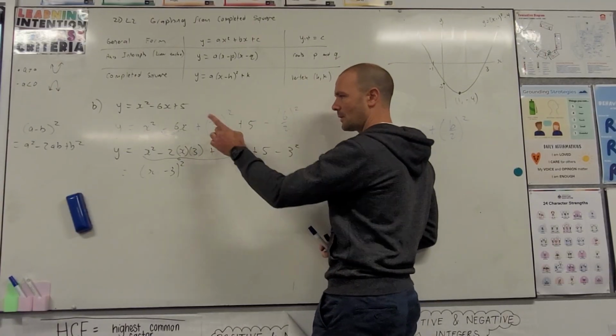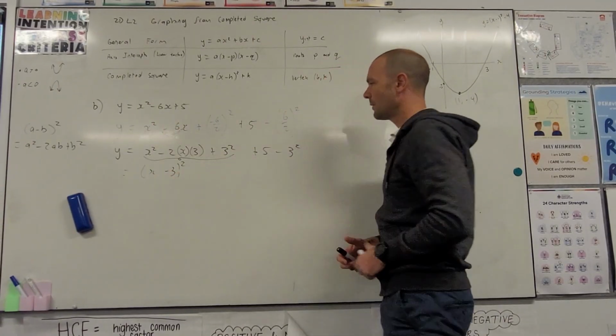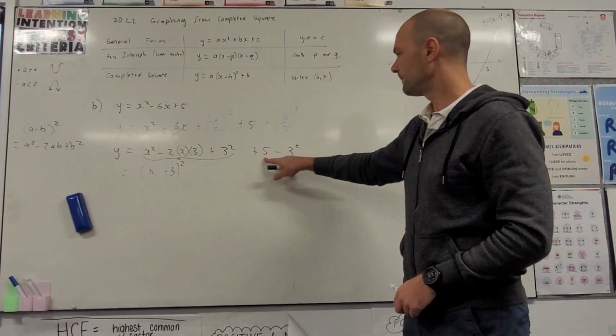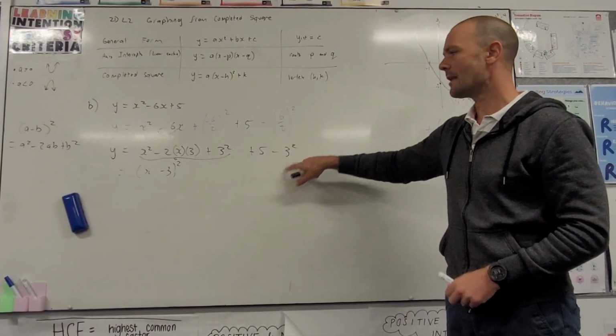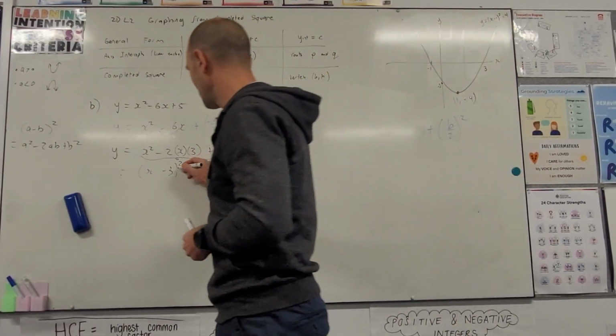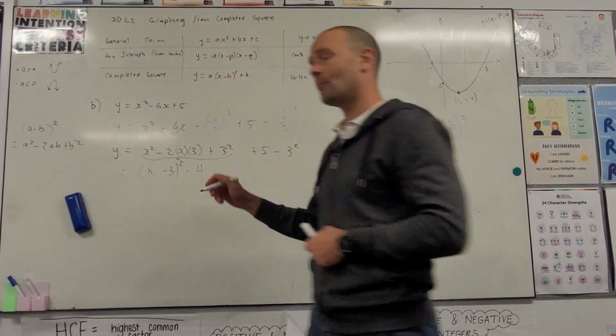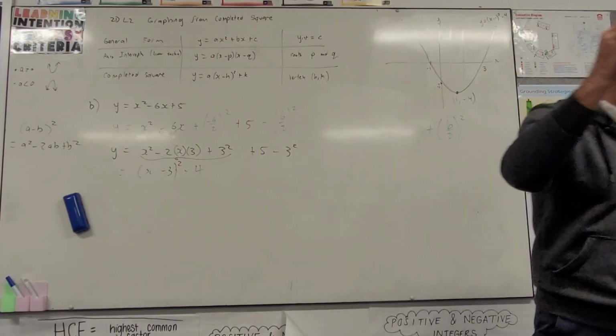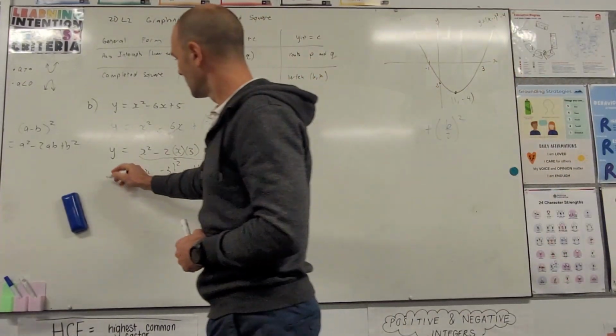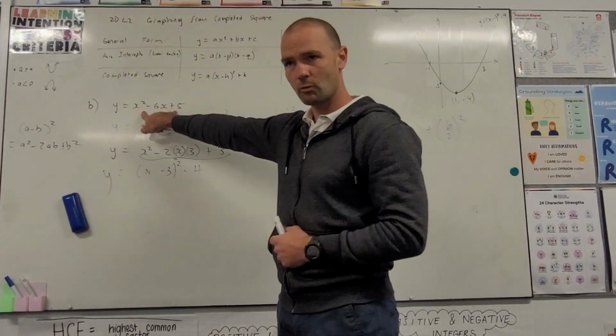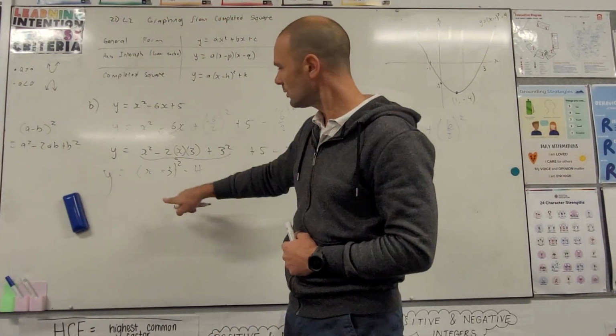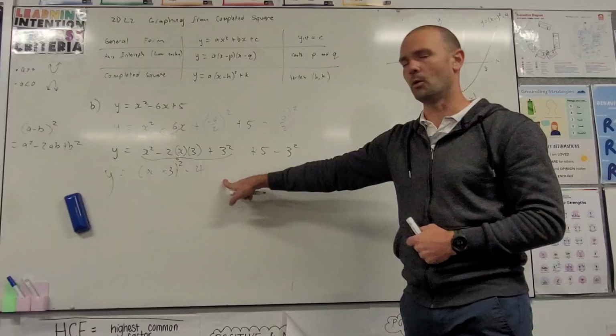I've done the perfect square rule, so it's going to be (x take 3) squared. Over here we've got 5, and then take away 9. 5 take 9 is going to be minus 4. And we've successfully moved from general form to completed square form.